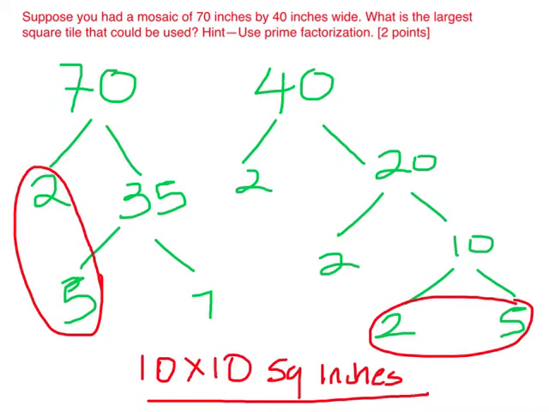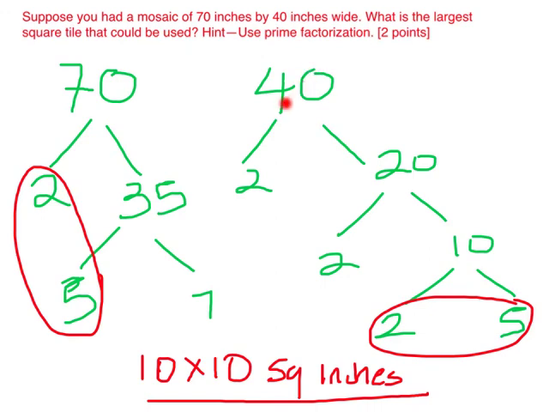The other question was asking, suppose that you had a mosaic of 70 inches by 40 inches wide. What is the largest square tile that could be used? And the hint is to use prime factorization. So here we have 70, and we look for the prime factors: 2 times 35, and 35 is 5 times 7, and those are the prime factors of 70.